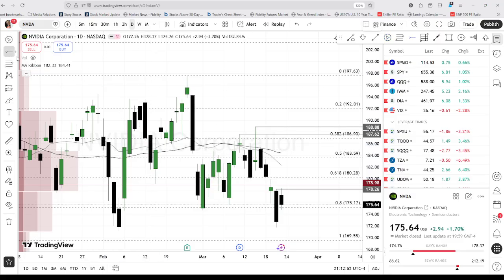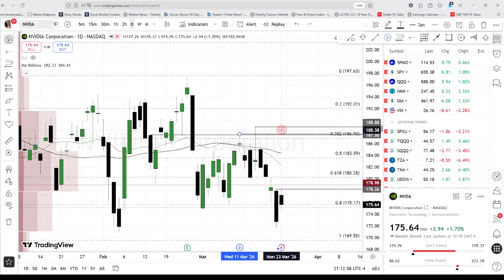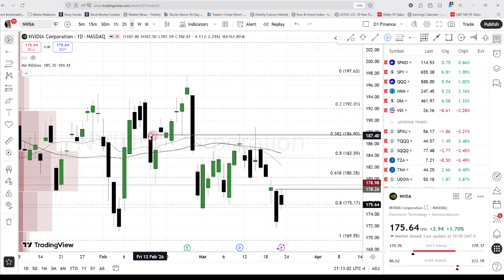So once we take this candle out right here, which we did right here at this point, and then boom.